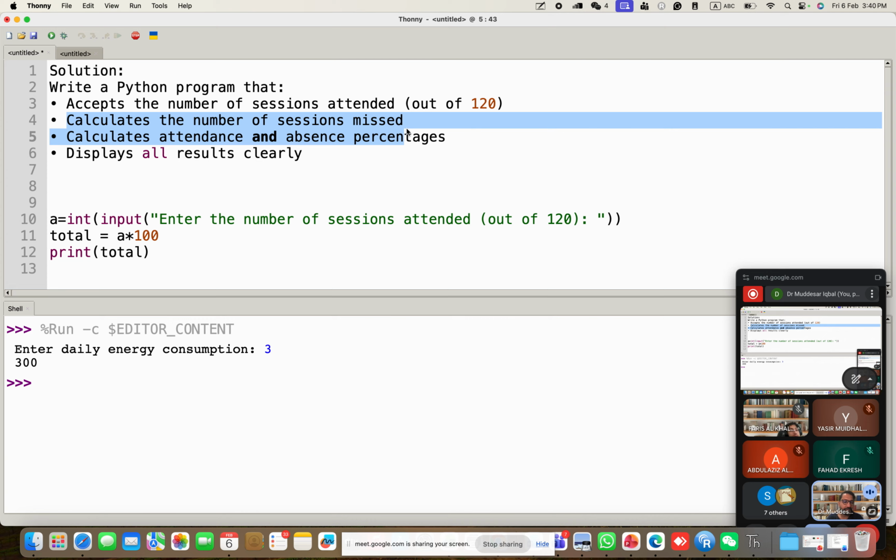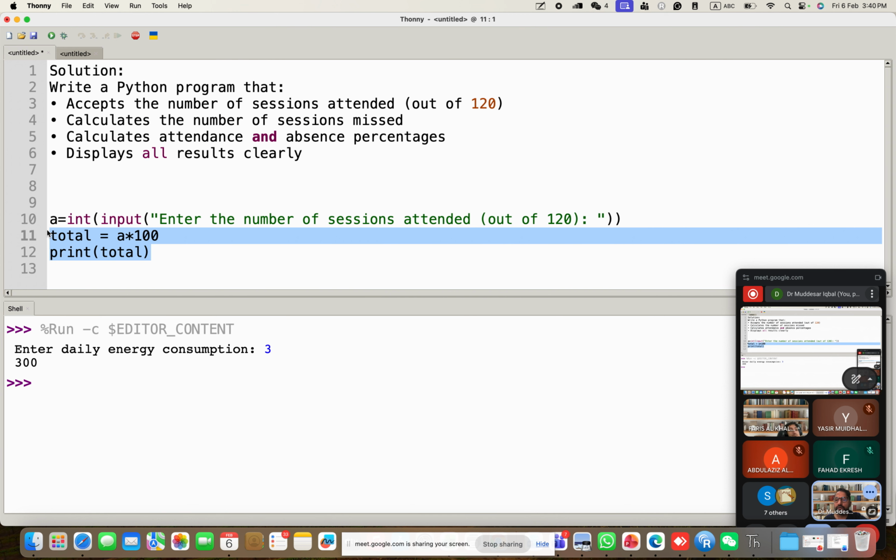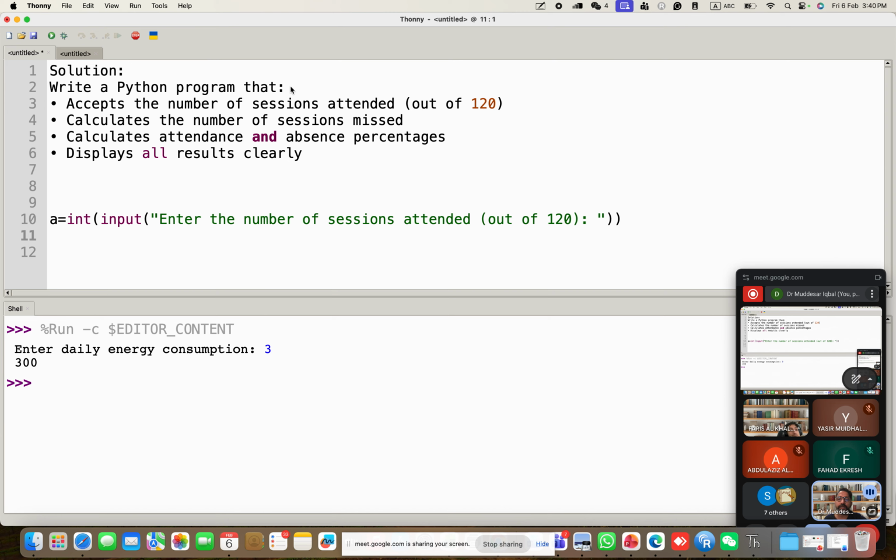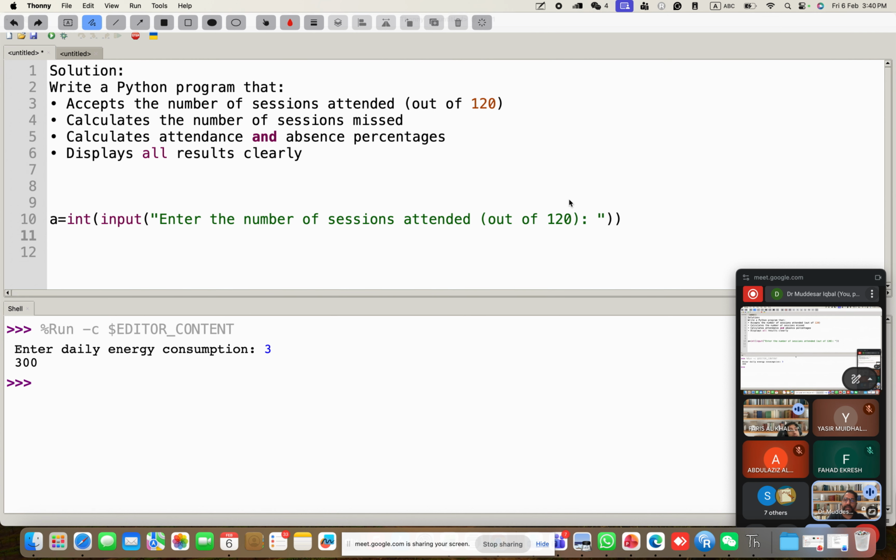Who wants to take part in this dry run with me? Beside Faraz, because he's the only one with the camera on. Okay, Faraz. If I ask you to accept the number of sessions attended out of 120, and you enter, let's say, 10, when I run this, you enter 10.